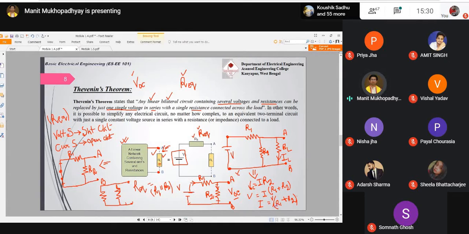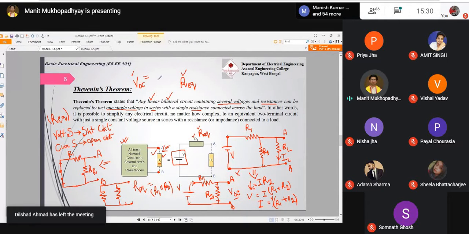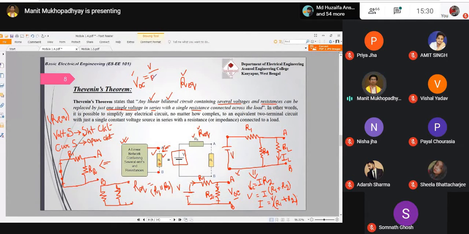So from here you can calculate the VOC. Put the value V by R1 plus R2. So what will be the value of VOC? VOC will be V divided by R1 plus R2, into R2, correct?